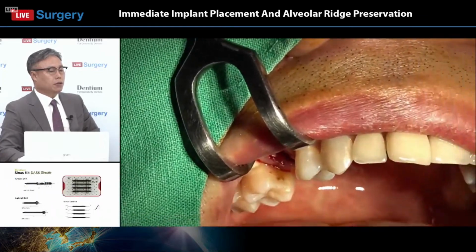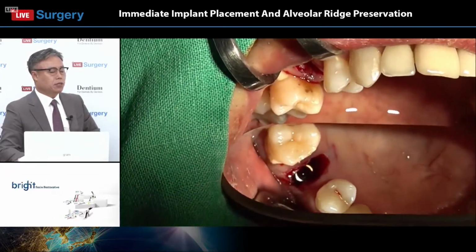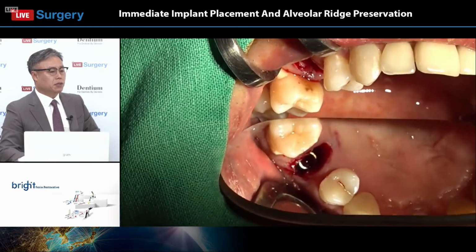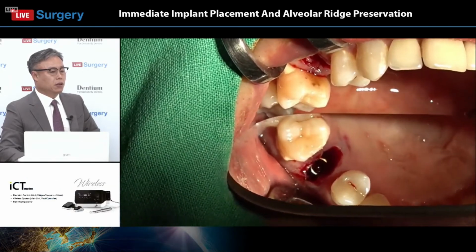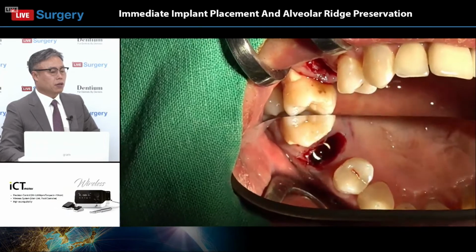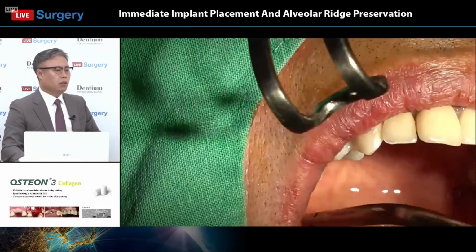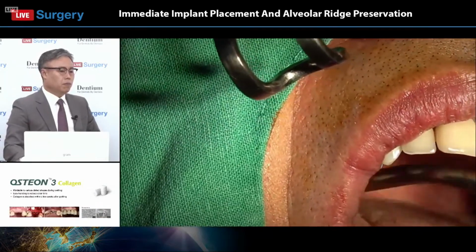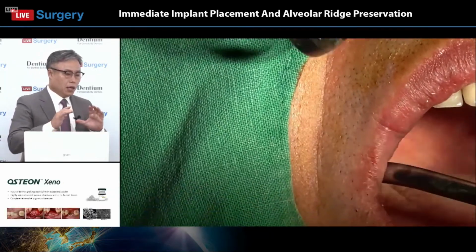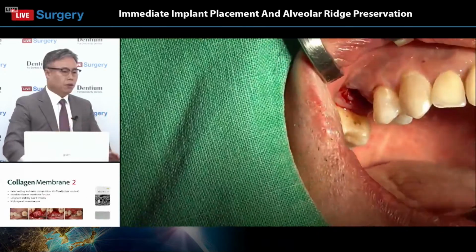If the primary stability is not pretty good, we have to consider connecting the cover screw and submerging the implant, waiting some time for the healing period.